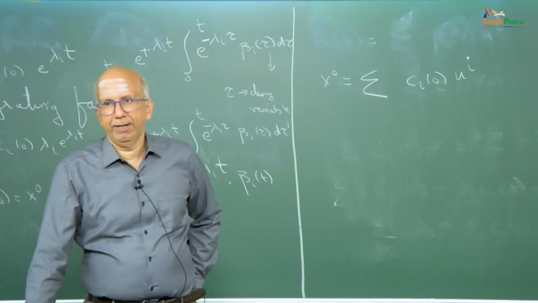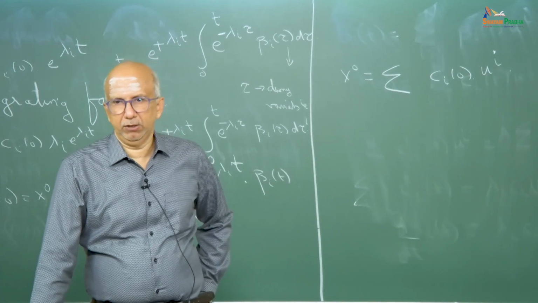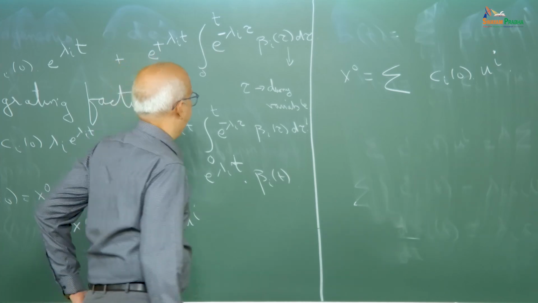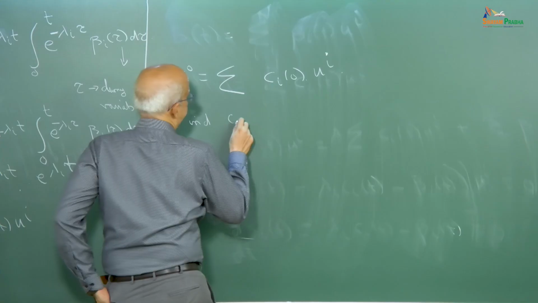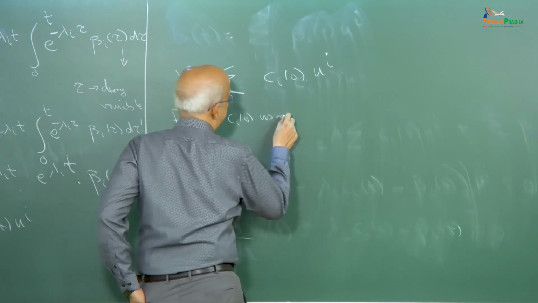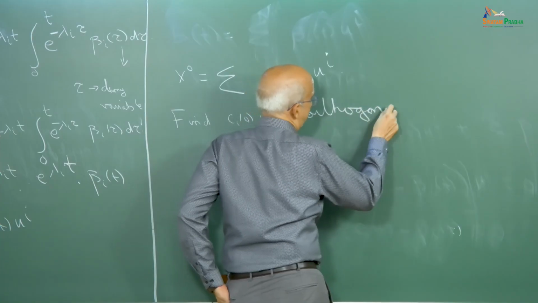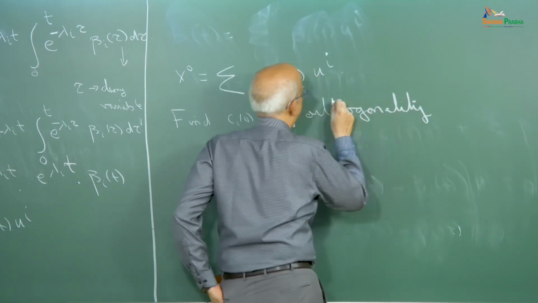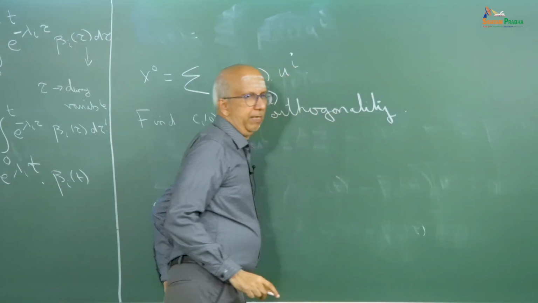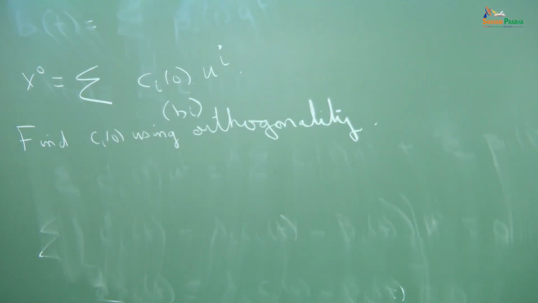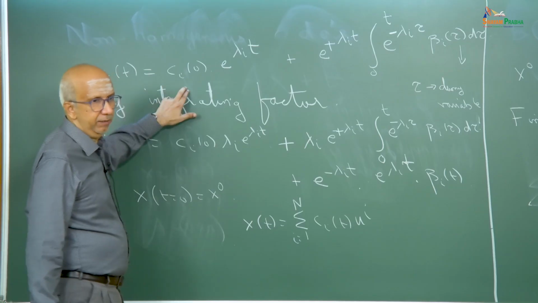Now you know how to find out Ci of 0 by using the orthogonality or the bi-orthogonality. Once I know Ci of 0, I can substitute it here and find Ci.